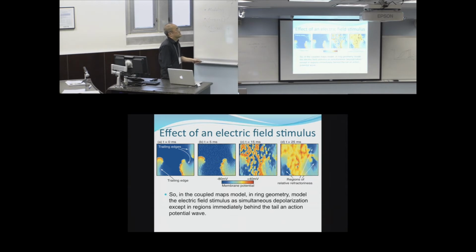In the coupled maps model, I'm now going to use ring geometry, and these electric field stimuli are represented by simultaneous depolarization in those regions that aren't already depolarized, and are also not in regions immediately following the wave. Those represent the relative refractory regions.